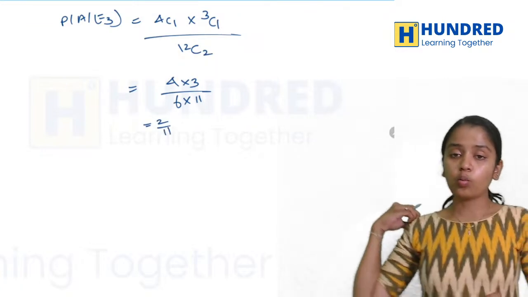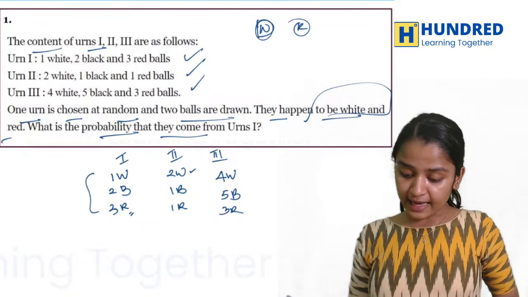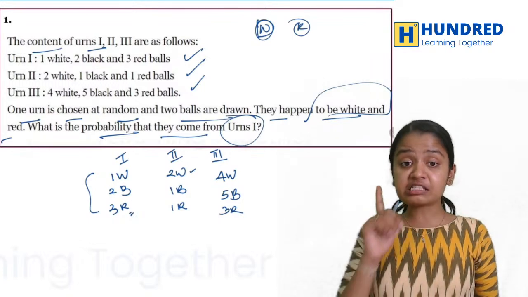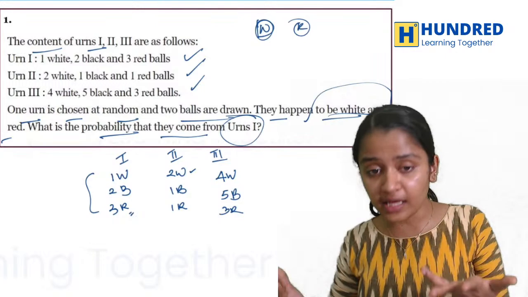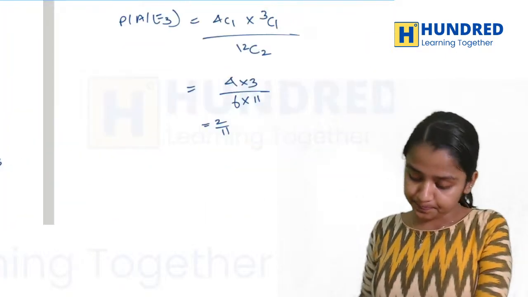Okay, now what am I supposed to find? A is given to me, and we get first E1. I know my given A, I should find the event of getting E1, the probability of getting E1.